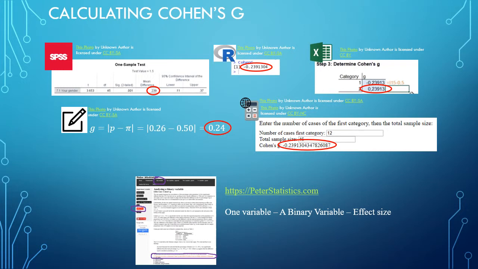And then you can click on any of the options below, which are SPSS, R, Excel, manually, or the online calculator. My website might change in the future, but perhaps it gets expanded. If you're interested in any of these, there are videos on how to obtain this value one by one.